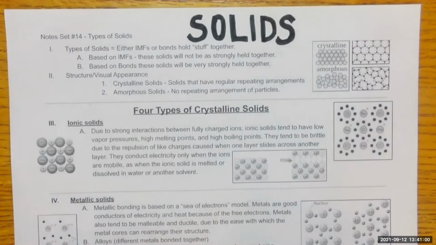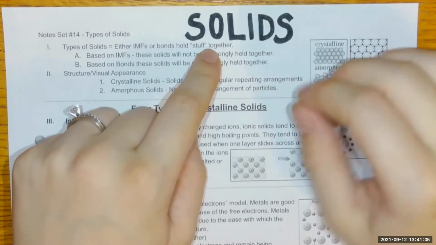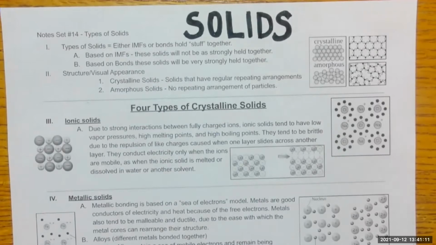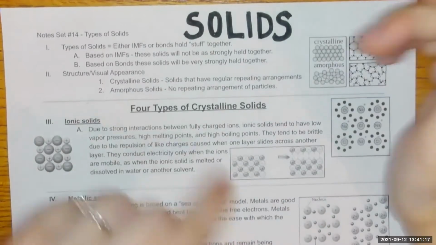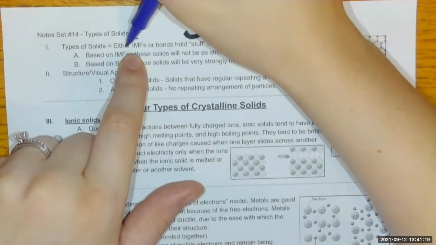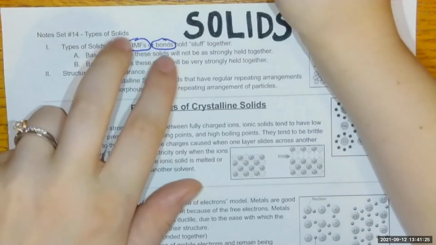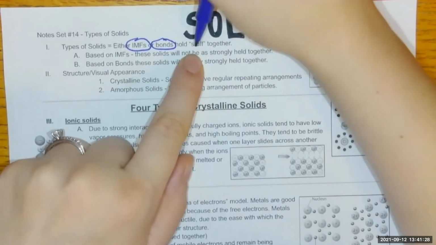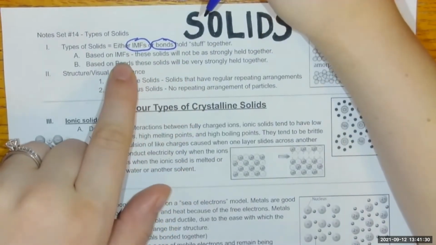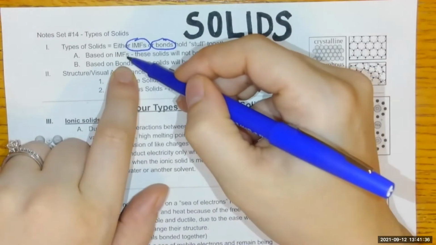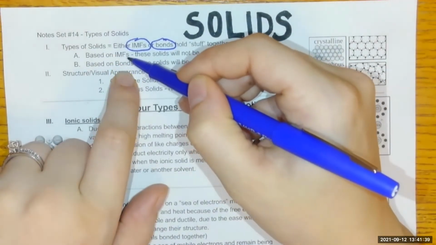Okay, so solids are things that are very stuck together, right? Like we know that solids have particles that are very compact. There's 2 ways that particles can be held together. Either IMFs, intermolecular forces, or chemical bonds will hold stuff, aka particles, together. So if it's based on IMFs, IMFs are compared to bonds like a lot weaker.